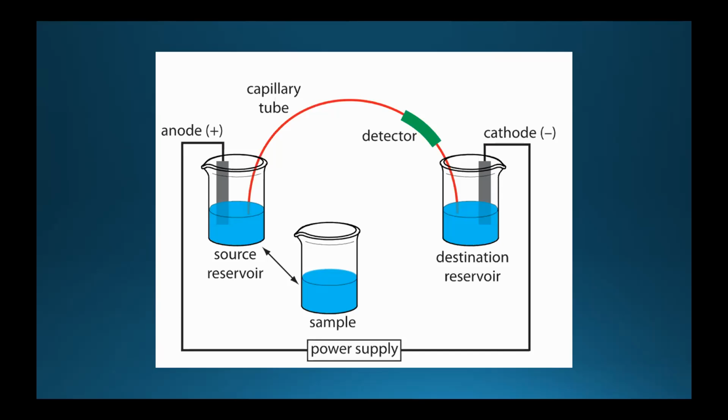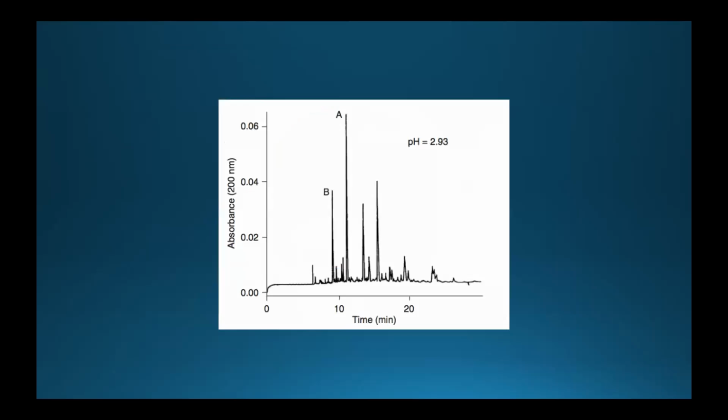And the detector at the end can measure many different things. You can get a range of data from this, but it most often measures absorbance, but it can also do fluorescence, mass to charge ratios, and things like that.